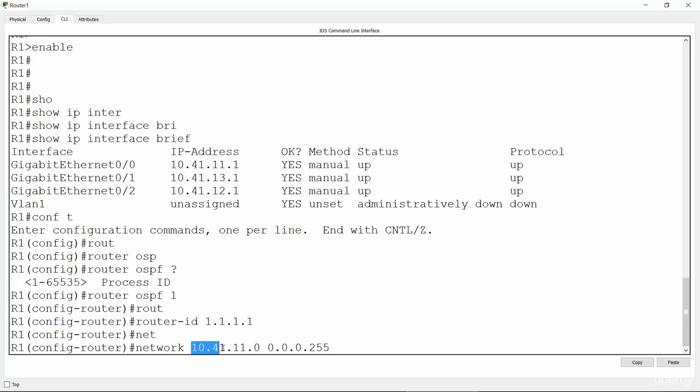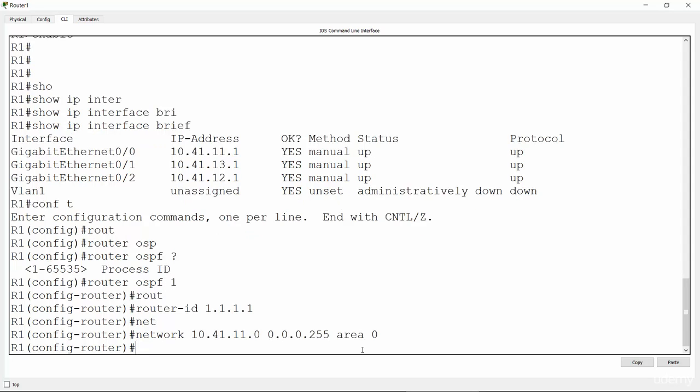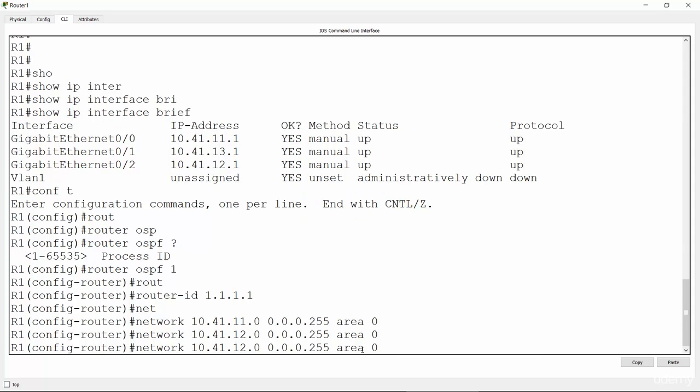My IP addresses will start with this, and the last octet is arbitrary. And I'm going to define the area. It says use area 0 in the question, and I'm using area 0. Alright, pretty cool. I'm going to use the same thing for 12 and 13 too.